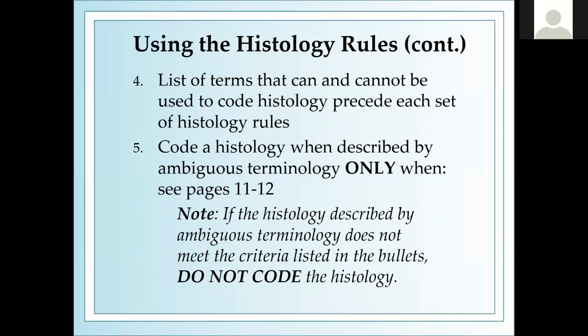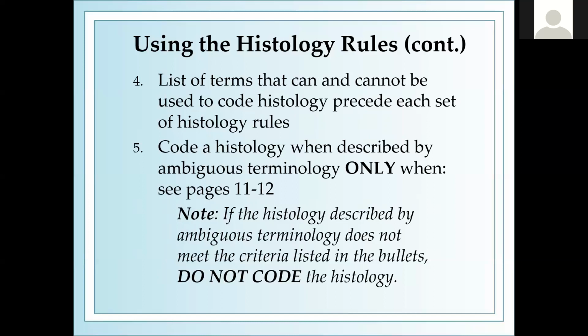The case is accessioned based on a single histology described by ambiguous terminology, and no other histology information is available or documented. All right? And there is a note that states, if the histology described by ambiguous terminology does not meet the three things that I just stated, do not code that histology.